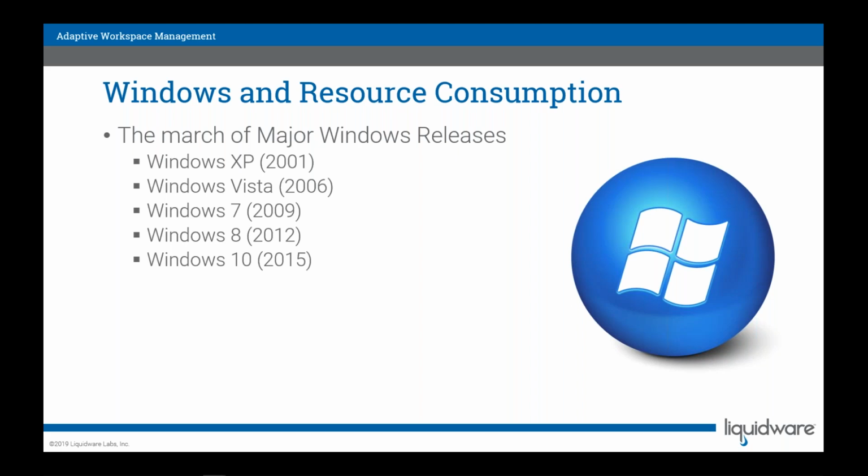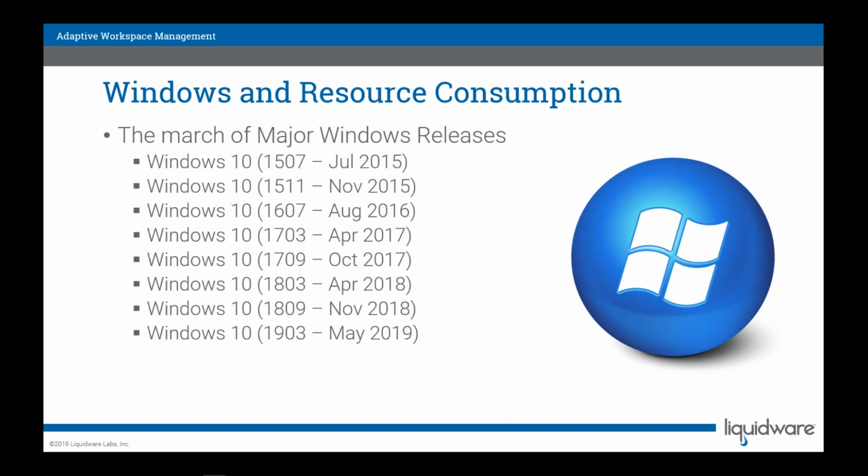And in many cases, it aligned with or happened in a very similar time frame to the march of Windows itself. Well, not so much the case with Windows 10. Windows 10 was supposed to be sort of the last version of Windows, and certainly we have the Windows 10 moniker that's been around for quite some time.